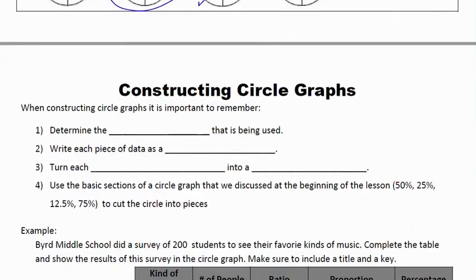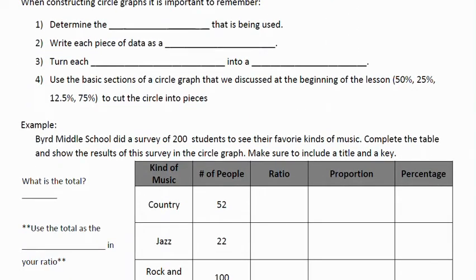Okay, last thing that we're going to look at in this video is constructing circle graphs from just data that we're given and how to make our own. So when constructing circle graphs, it's important to remember to determine the total that is being used. And we need to write each piece of data as a fraction or as a ratio.